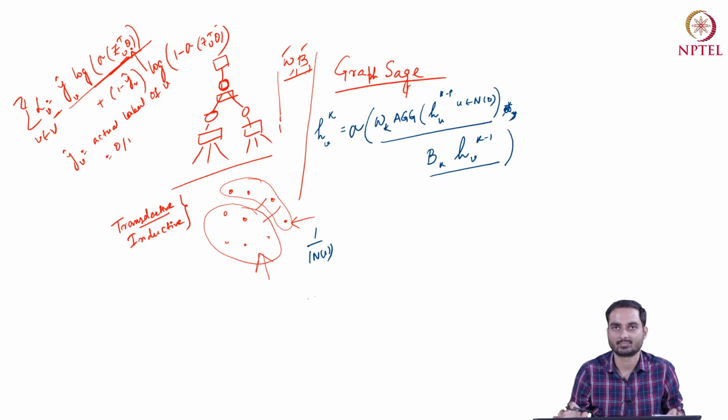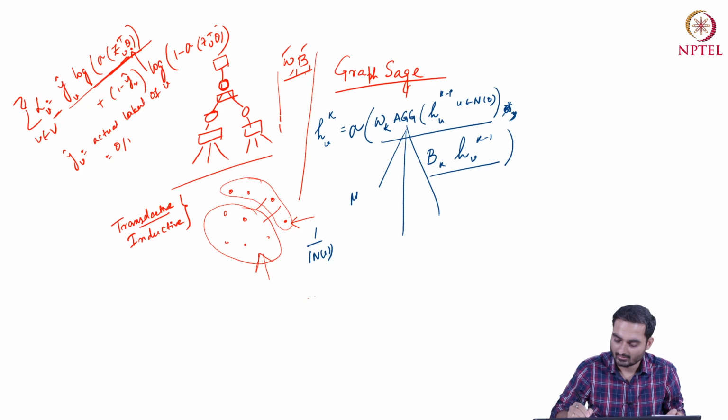This is GraphSAGE. Although GraphSAGE was developed just to show the inductive power of it, GCN can of course also be used for inductive learning. The GraphSAGE paper also theoretically showed what could be the possible aggregation operations one can think of. The first one is just a simple mean.